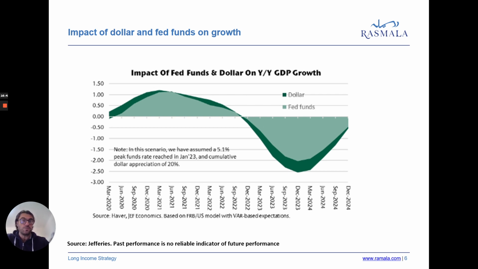So according to this model, by the end of 2022, the economy should enter contraction mode, and by the end of 2023, it will have contracted by about 2.5%.